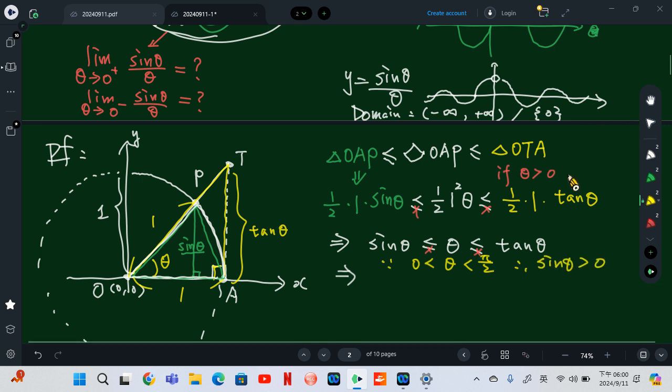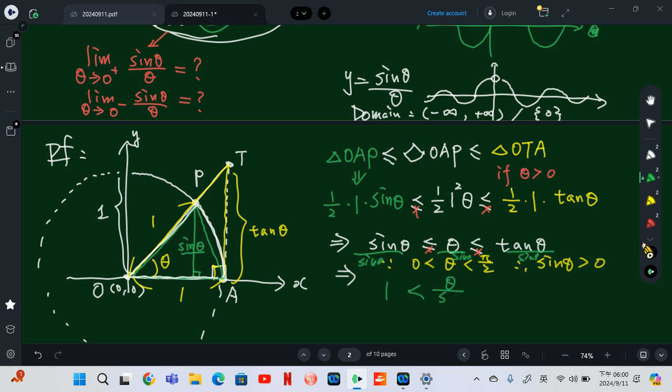Since it's positive, we can divide by sine theta, and we get 1 less than theta over sine theta, then less than 1 over cosine theta.